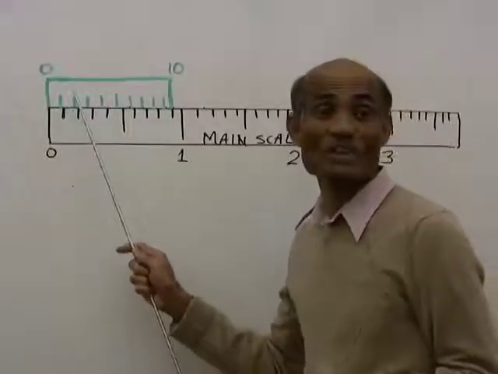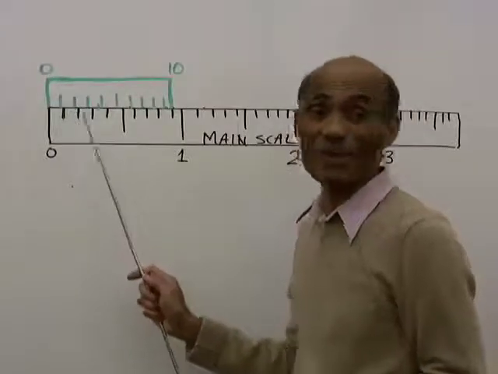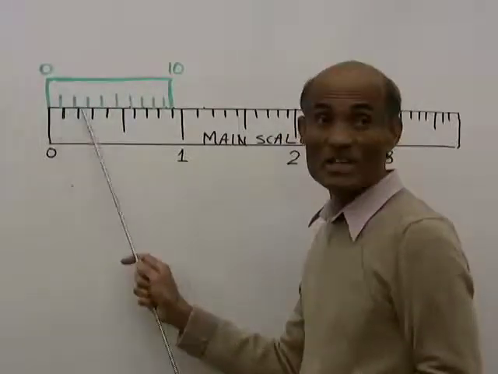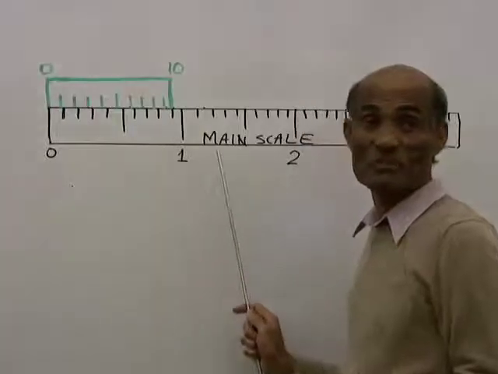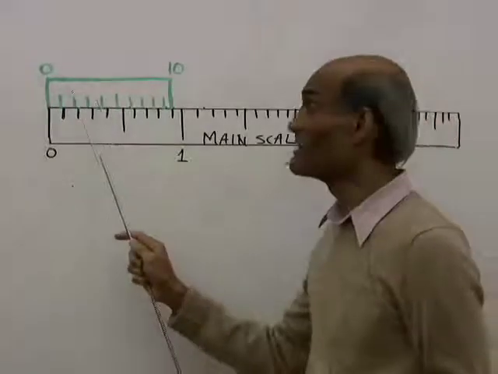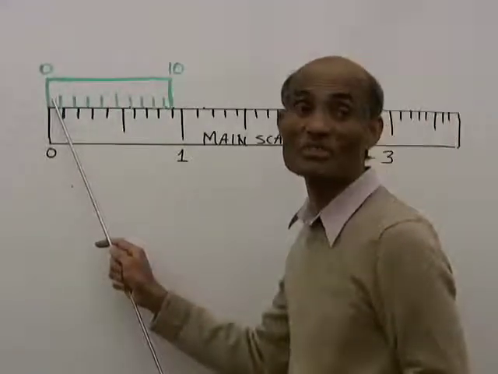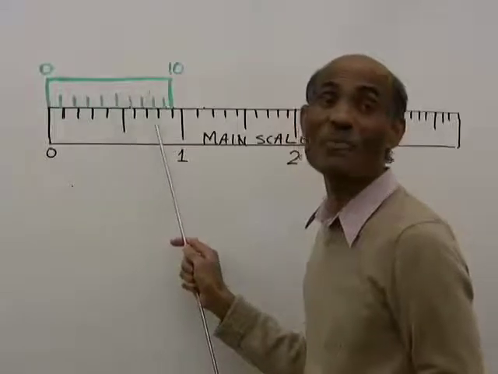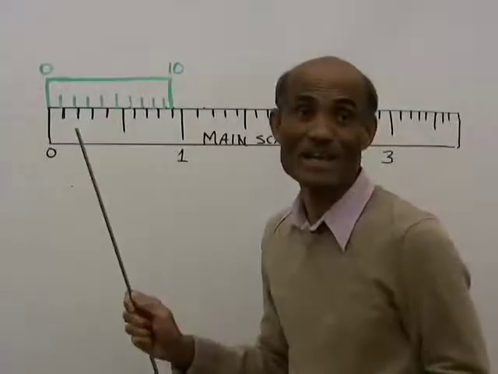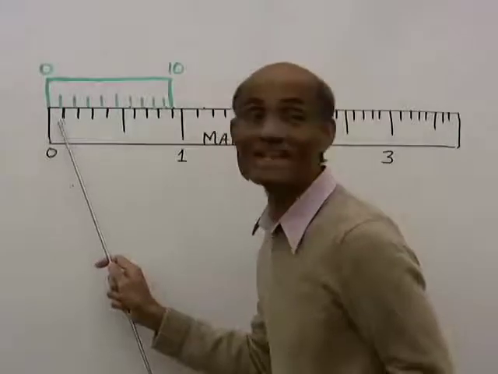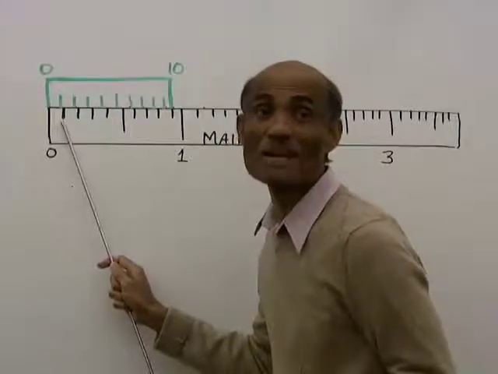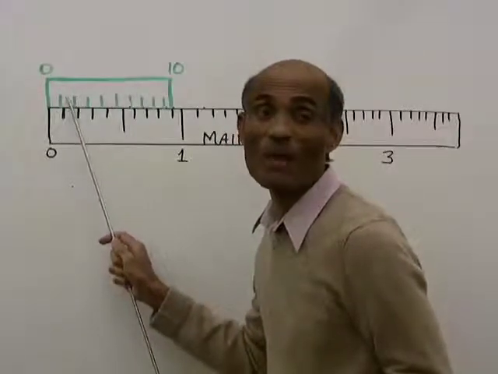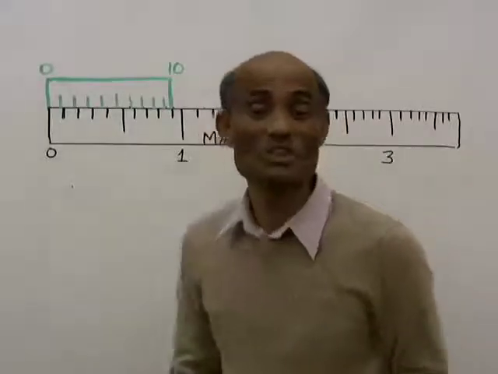Now when you do that, you construct a vernier scale. Here I have constructed a vernier scale. What have I done? I have taken 9 divisions from the main scale and divided those 9 divisions into 10 equal parts. Now can you tell me, if one main scale division is 1 millimeter, what is one vernier scale division equal to?